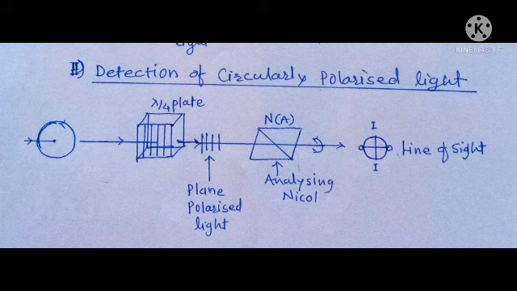To test the exact state of polarization, the light is first passed through a quarter wave plate lambda by 4, then through the rotating Nicol as shown in the figure. If the intensity of light becomes 0 twice during one full rotation, then the light under test is circularly polarized light. In this way we can detect circularly polarized light.